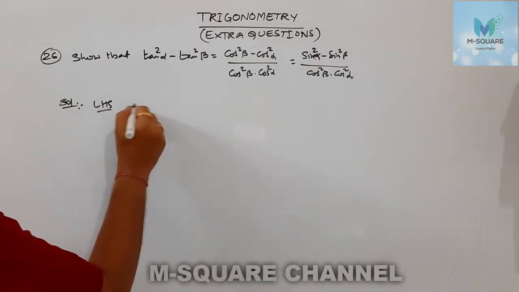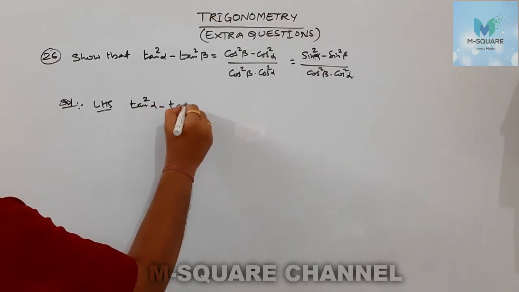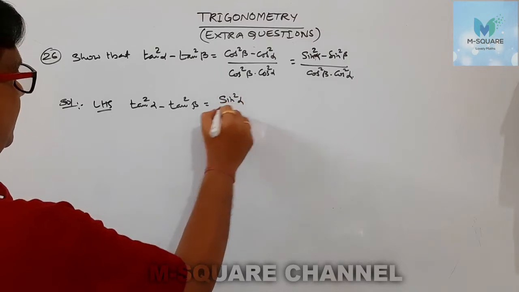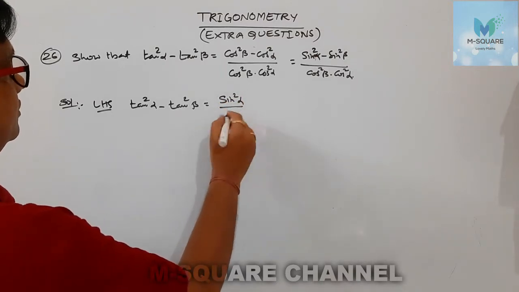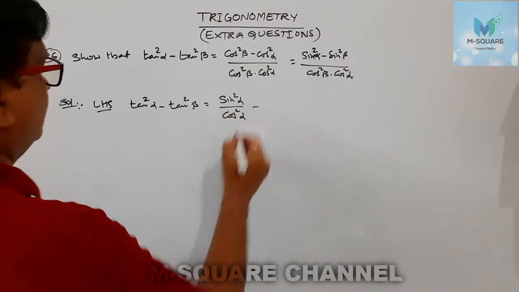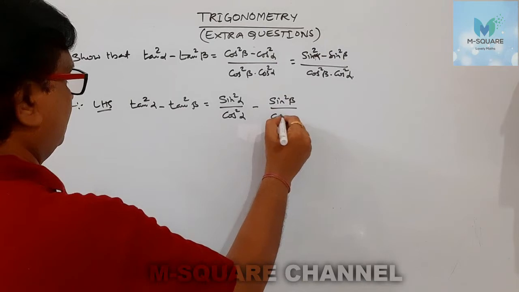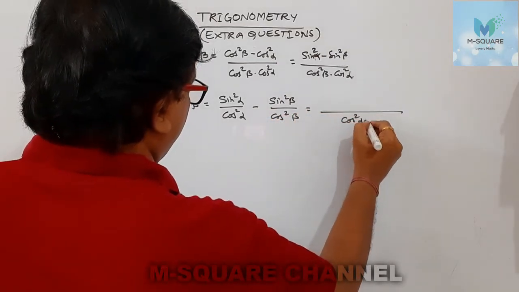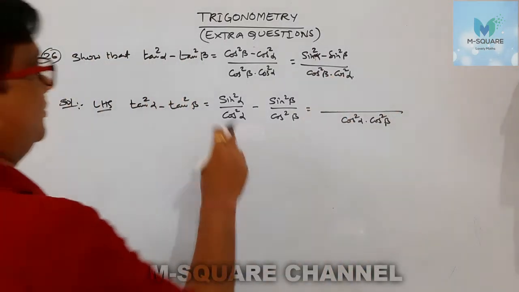LHS: we are taking tan square alpha minus tan square beta equals sin square alpha by cos square alpha minus sin square beta by cos square beta. So the denominator is cos square alpha into cos square beta. Otherwise you can interchange, no problem.